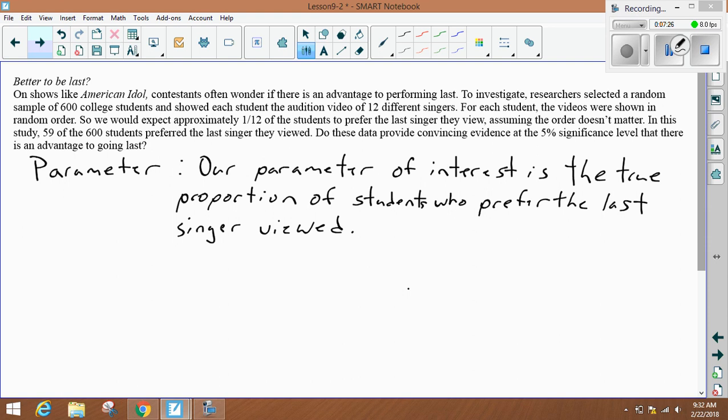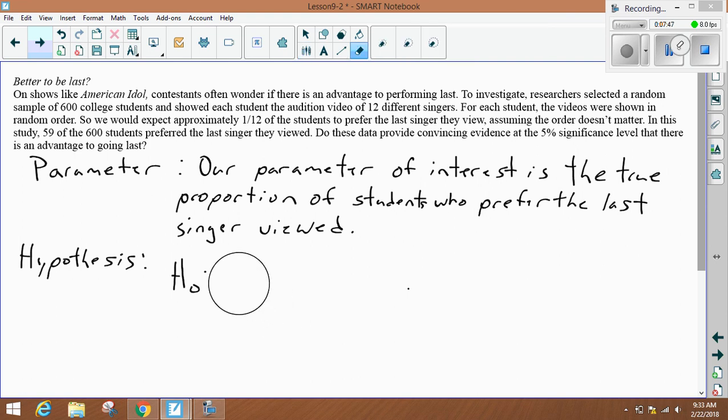Well, we want to know, and that's what we're going to say with our hypotheses. Is it the case that P is equal to 1/12, and it's not... I keep doing that.